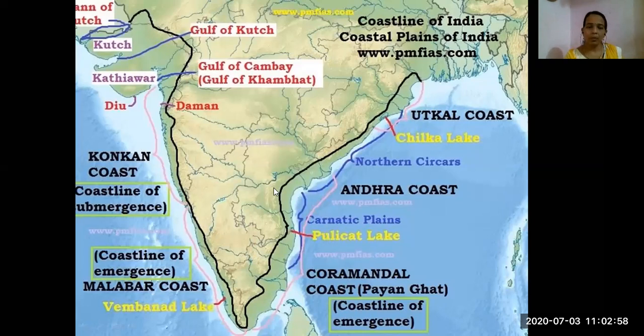This is all about both coastal plains, which we have studied with the help of this map. With the PPT, you can understand this one. Read the textbook again, you will understand this part is very easy. Now we'll immediately move toward the last physiographic division of the country, the islands.